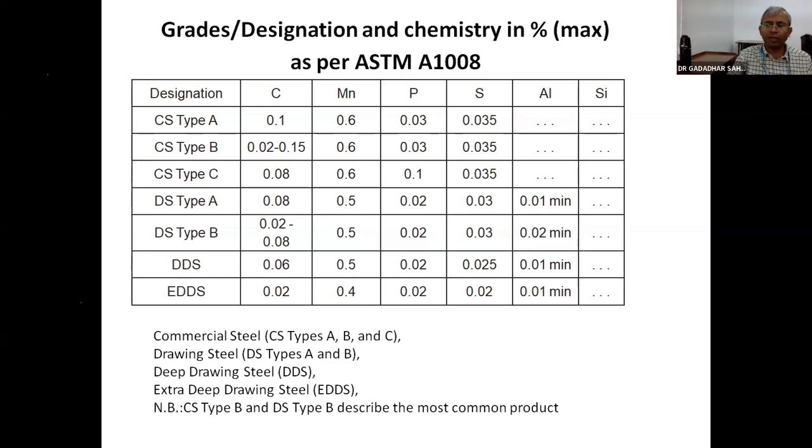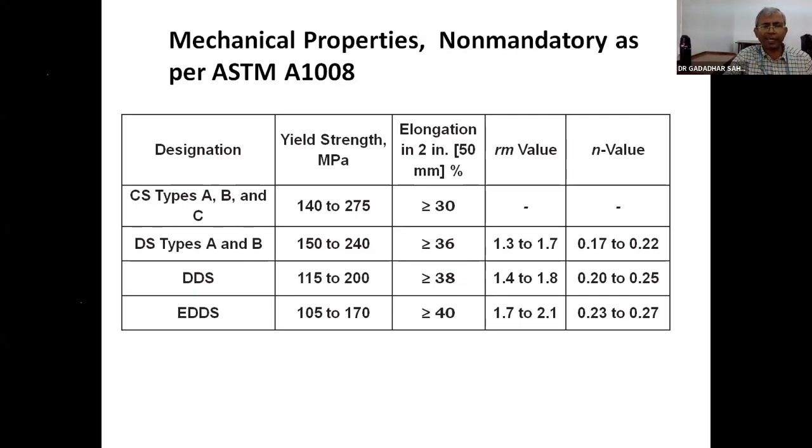The equivalent grades I had already mentioned. This is just for familiarity, so that we should not be blind about where these grades are coming from when the customer is demanding them. They already exist, though not in IS 513, they exist in other standards. So an equivalent grade we can very well make, no issue.